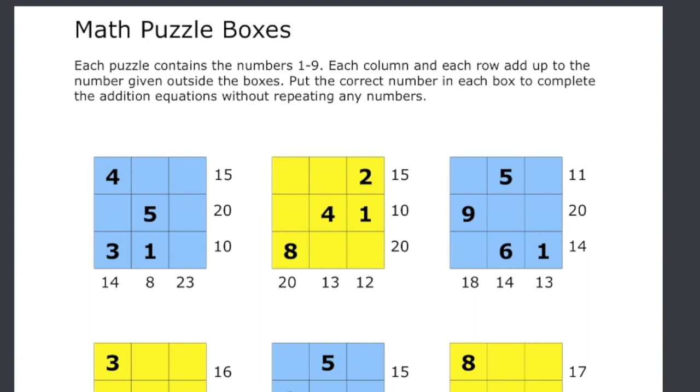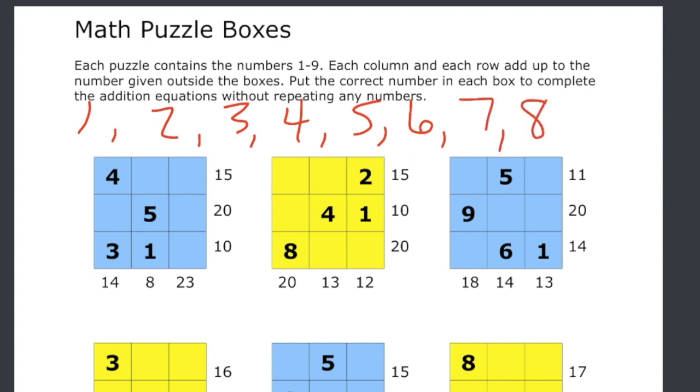So the numbers you're going to put in these boxes are only going to be 1, 2, 3, 4, 5, 6, 7, 8, and 9. They're not going to be any bigger than that, and there's not going to be a number 0. Each column and each row add up to the number given outside the boxes.